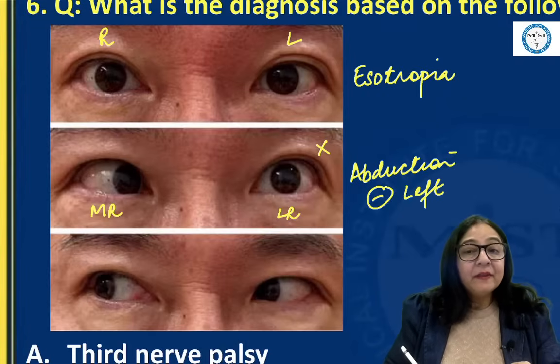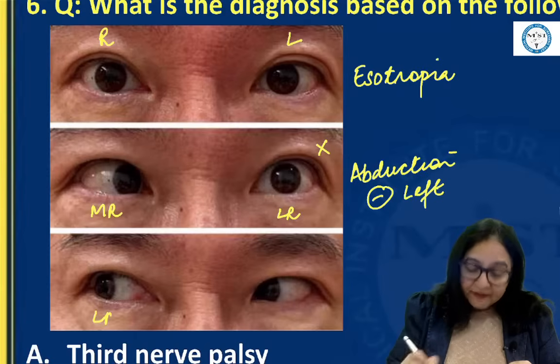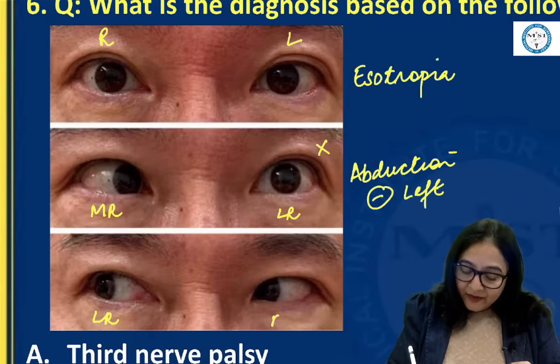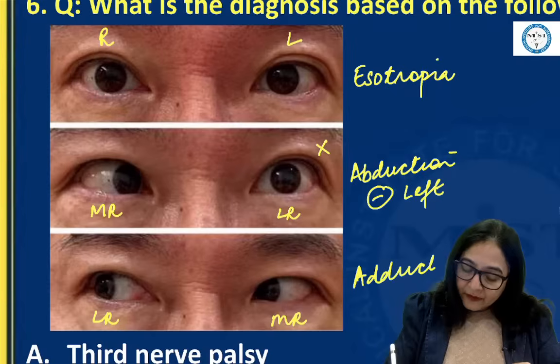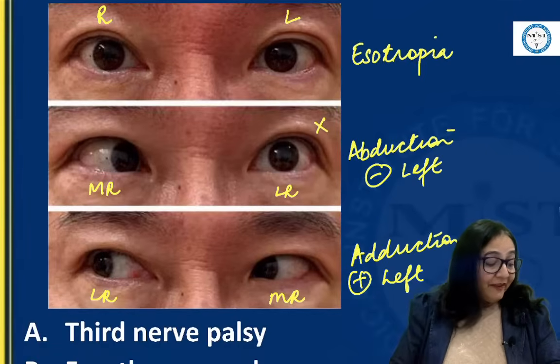Abduction is absent in the left eye. And what you see in the image below, now this eye lateral rectus is working, this eye medial rectus is working, means adduction is present in the left eye. So which muscle is not working in the left eye?